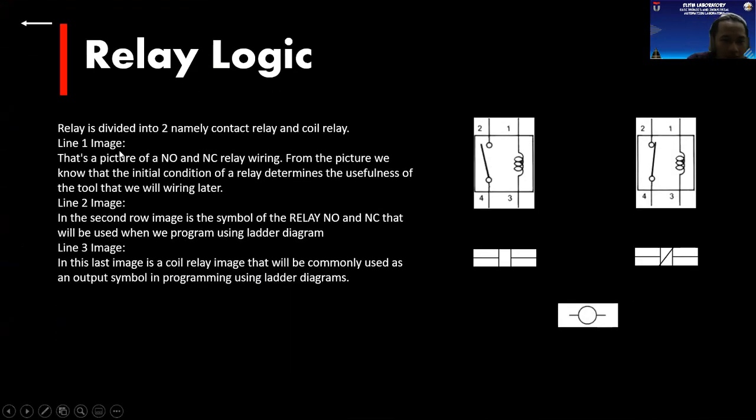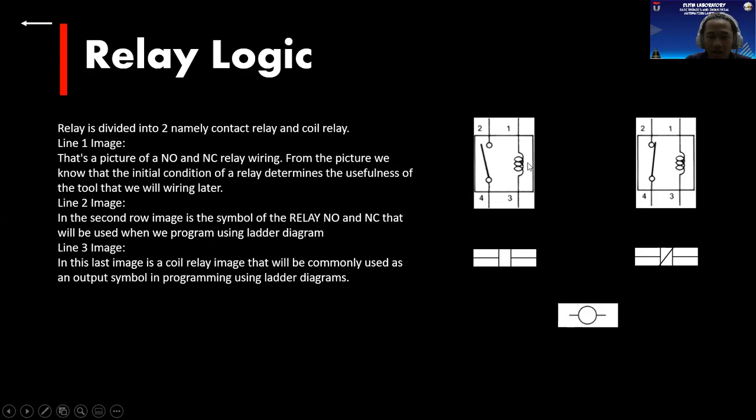So relay is divided into two, namely contact relay and coil relay. For the first and second image, first line, that's a picture of a NO and NC relay. From the picture, we know that the initial condition of a relay determines the usefulness of the tool that we will wire later.